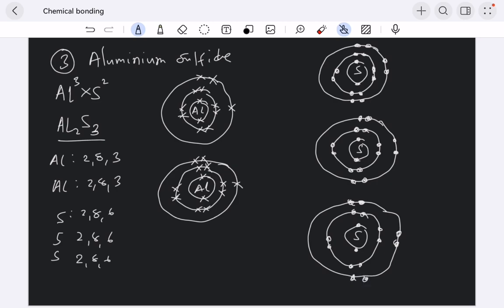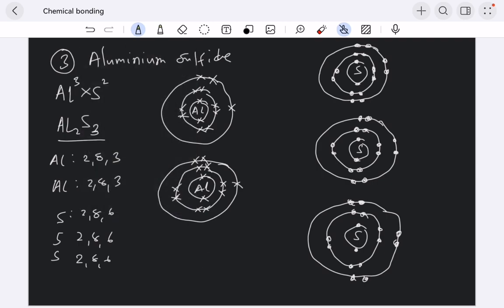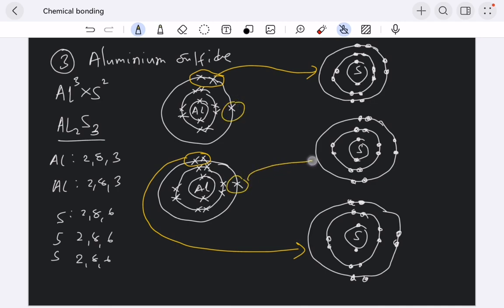Okay, so what happens in this case is aluminium will lose according to its valency number, and its valency number is 3. But this is how it's going to lose. So these 2 will go there, then these 2 can come here, then this one and that one will go there.